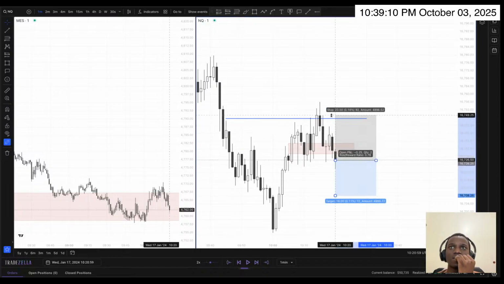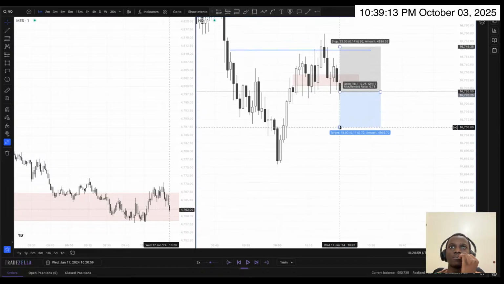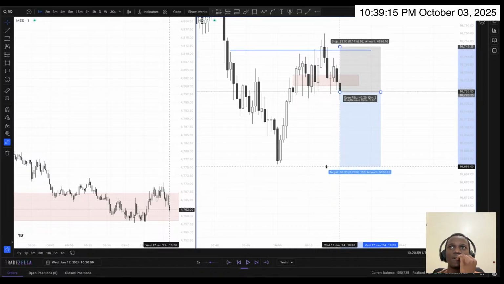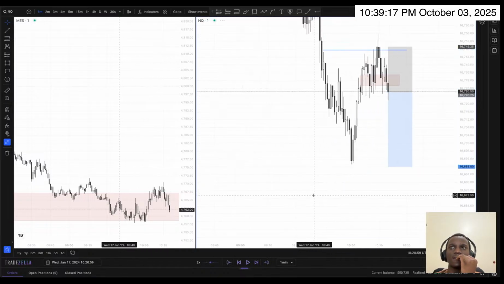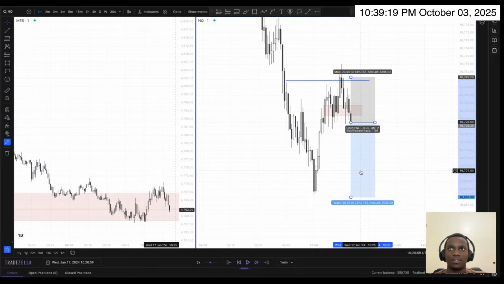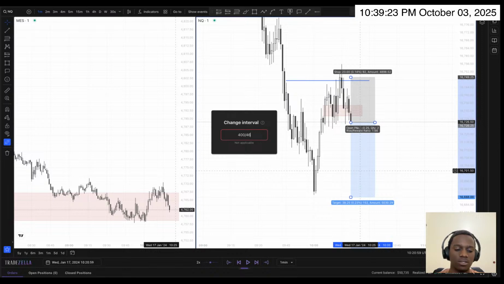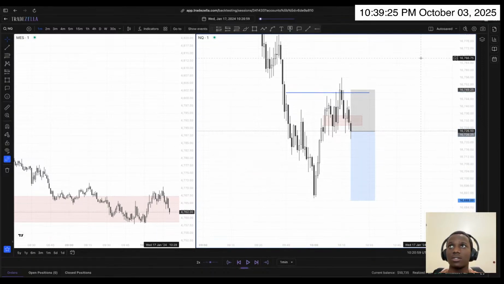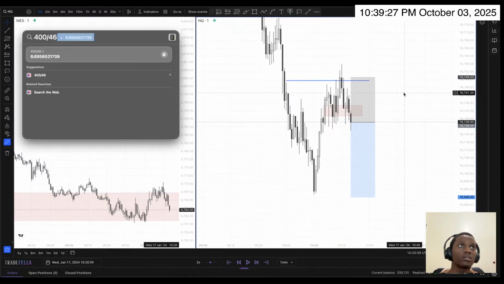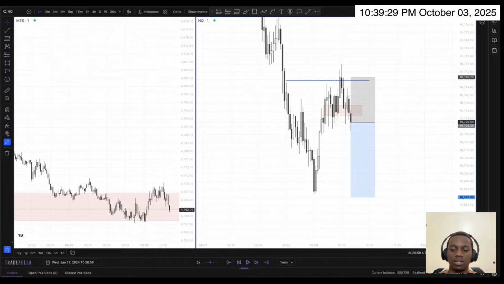Sell it, stop there. Targets will be this low, 1.66 and 400, so it's 400 over 46. Sorry, 9 handles.